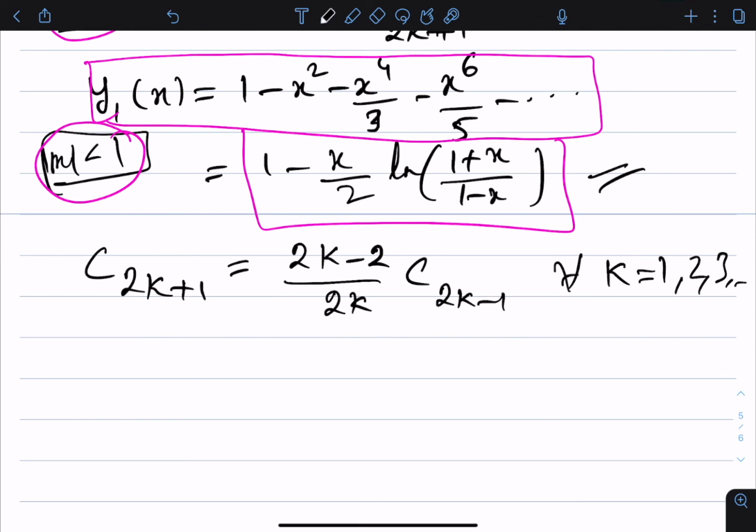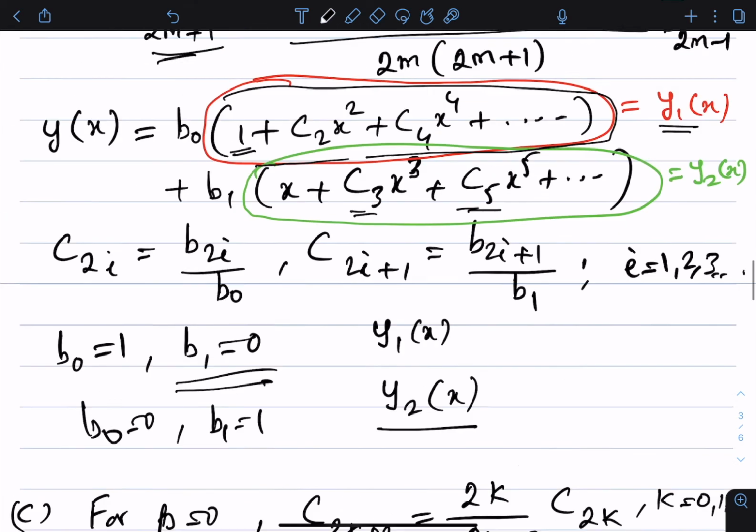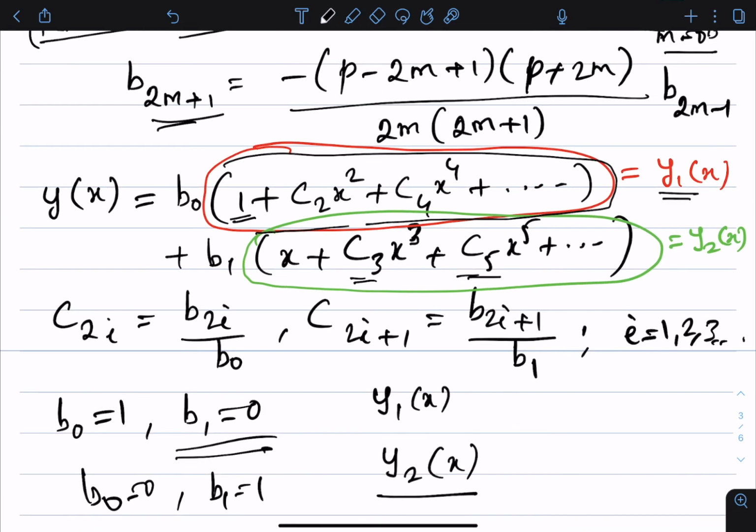Now if you notice, when you put k equal to 1, the numerator is 0, so c3 is 0, so every later odd term is 0. Finally everything reduces to only the first term, which is y2. So c3, c5, everything will be 0, and only this term will remain.